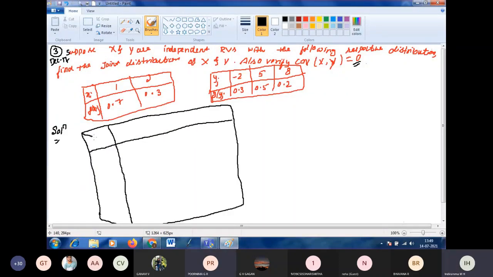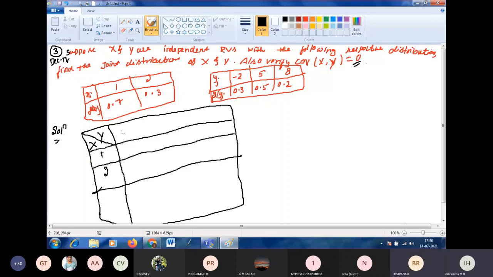They are given the marginal values for x and y. The x values are 1 and 2. The y values are -2, 5 and 8. Along with x and y, they are given marginal values. f of x is 0.7 and 0.3.